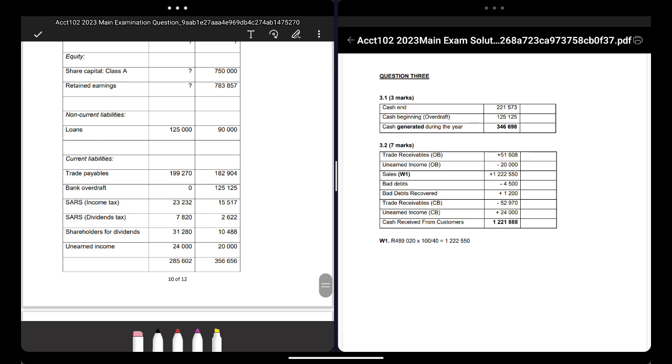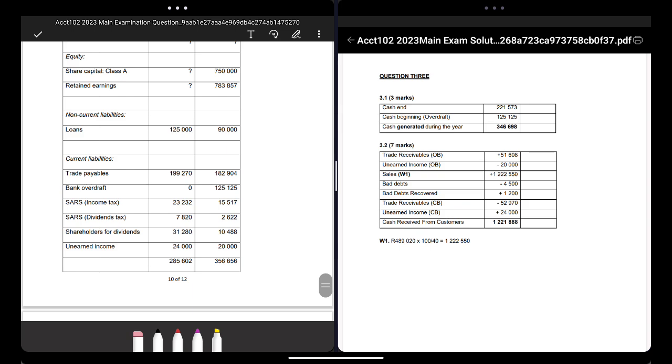Another way to remember it: the beginning balance of unearned income was from the previous year, so you minus the opening balance because no cash came in. But during the year you got cash, so it's plus 24,000. Or you can just state plus 4,000, unearned income plus 4,000, literally. That's what I like to do.